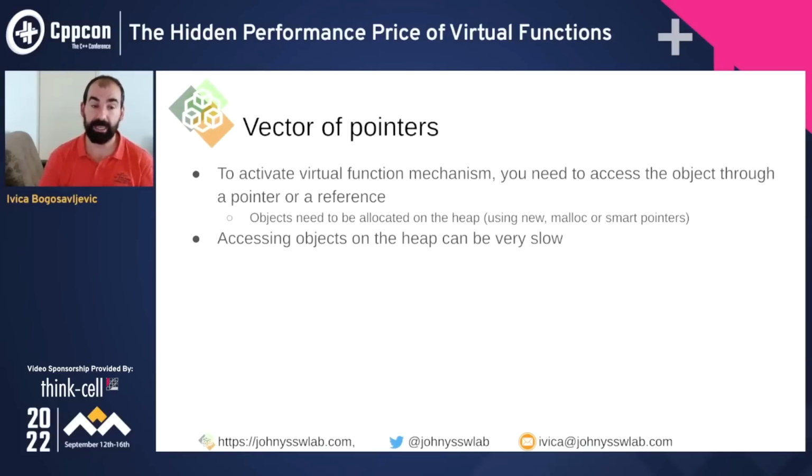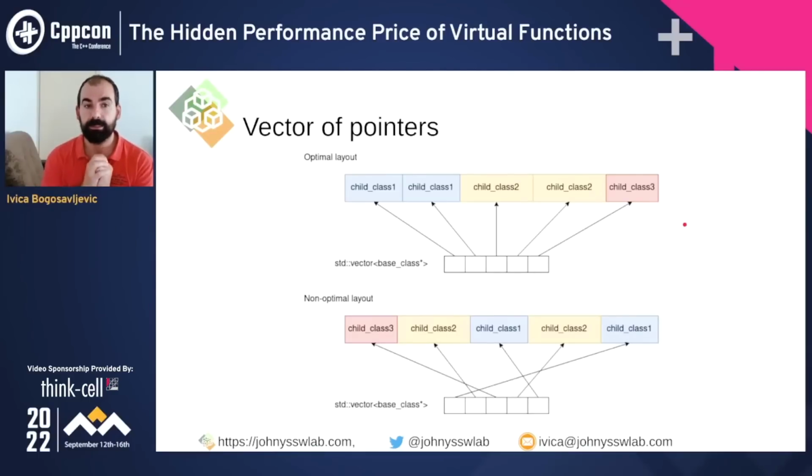Now the problem with heap accesses is that accessing objects on the heap can be really, really slow. Let me explain why. We have here a std::vector of base class pointers, pointing to child classes. So we have child class 1, child class 2, and child class 3. Now, this is what I call the optimal layout. Why is it the optimal layout?